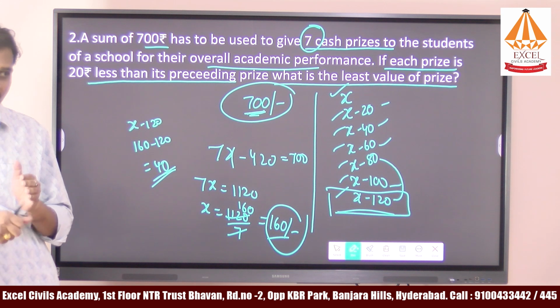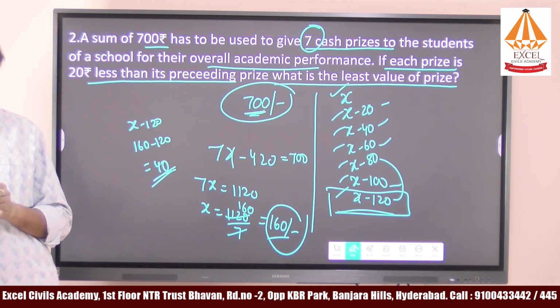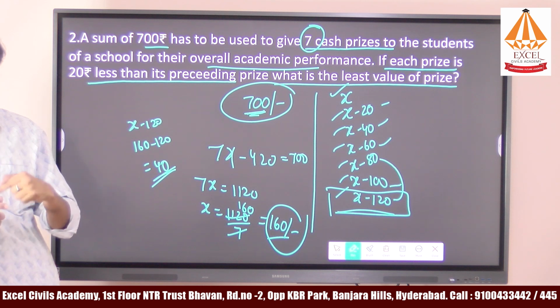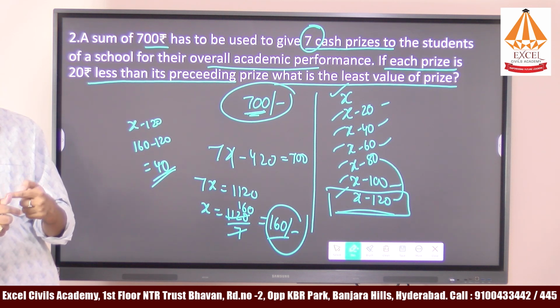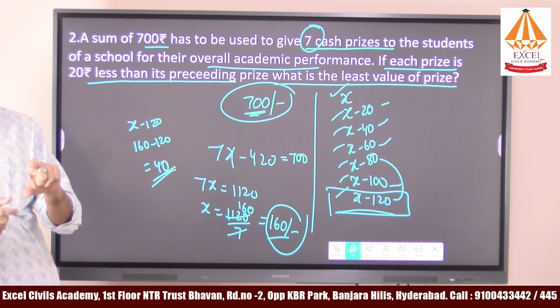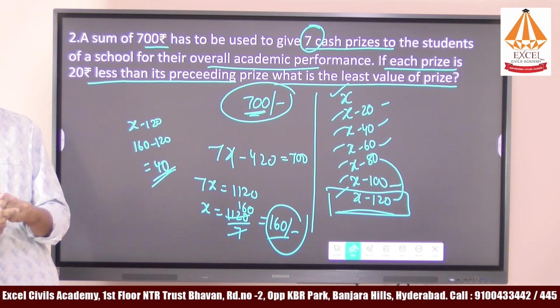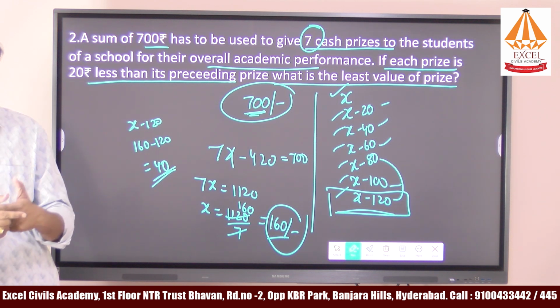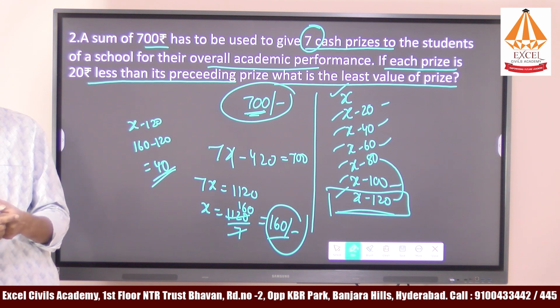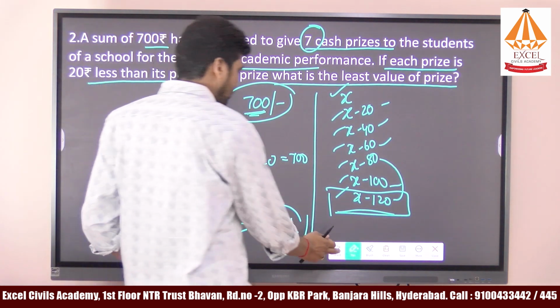The type of problems given to you in CSAT is based on analyzing and interpretational skills. It depends on how you interpret the problem, so you first need to comprehend and understand the problem. Okay, let's look at the next one.